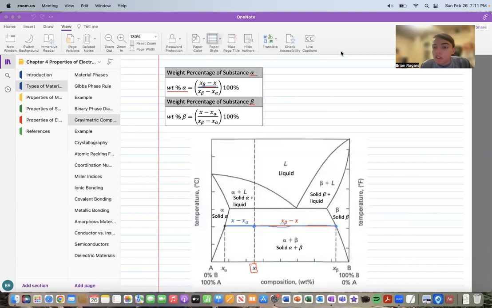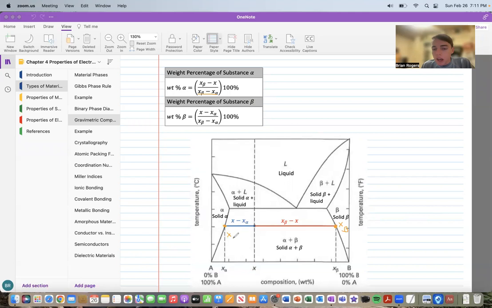And then in the denominator, you're going to notice x sub beta minus x of alpha. Here x sub beta is at this point right here, minus x of alpha, which is at this point over here.